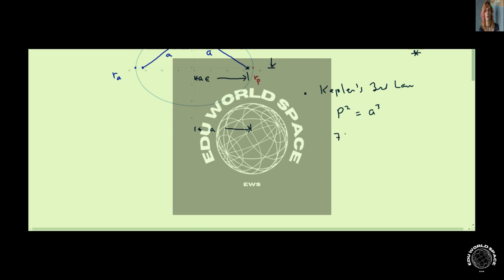So we know that it's 76 years for the p, and we want to take the cube root of that to get a, and that will give us a in astronomical units. And a, therefore, we can find is 17.942. And that tells us a lot about this orbit, that plus the eccentricity.